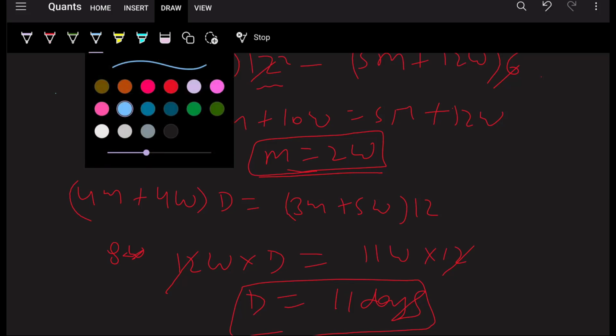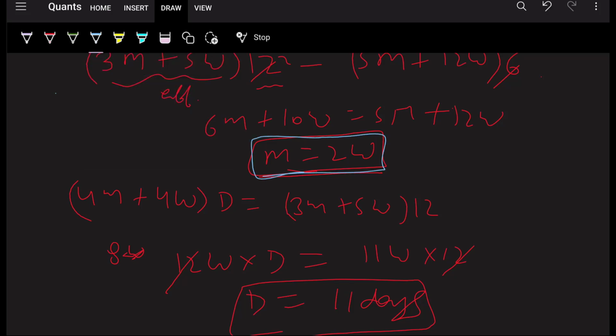And after getting this, the question is that 4 men and 4 women will take how many days? So I have equated it with the total work, taking one of these two. So 3m plus 5w into 12 is the total work. Now I have put the value of m as 2w. By solving this we got 11 days, and it is our answer.